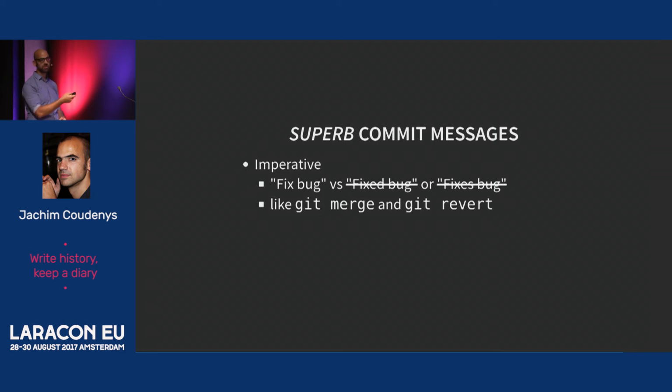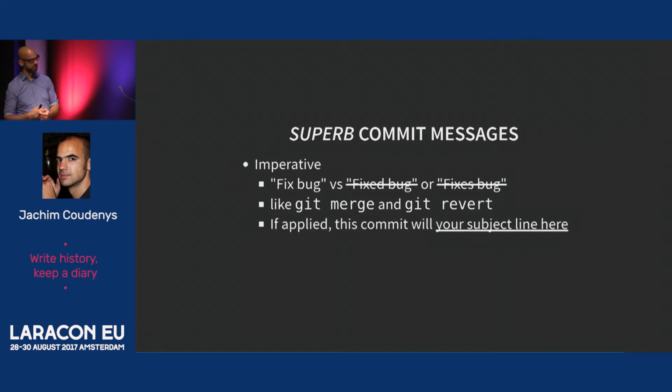So if you do a git merge, it will just say merge this branch. So it's a nice way of always using the same way of describing your commit. And the easiest way to remember how to do it is, if applied, this commit will, and if the subject reads like a normal sentence, this is a very nice commit message.